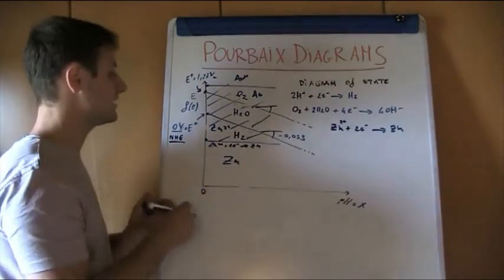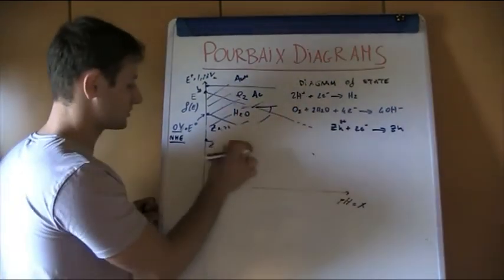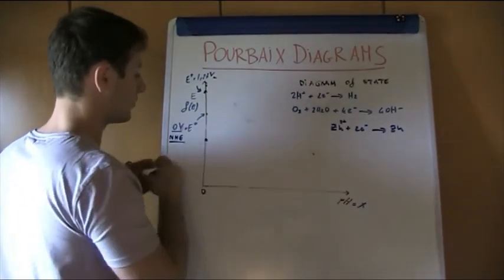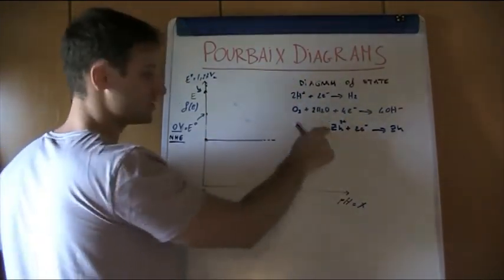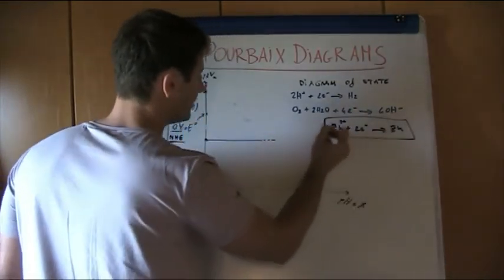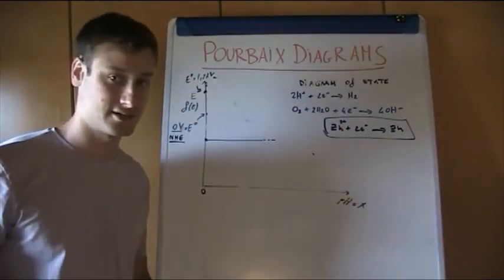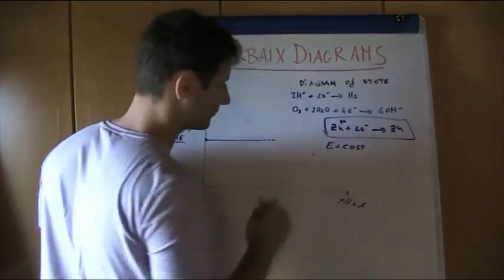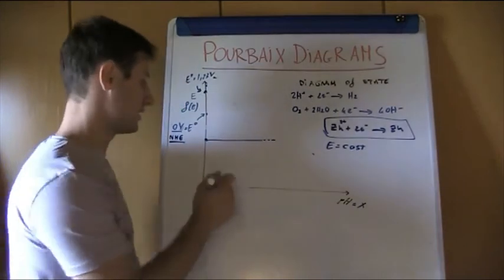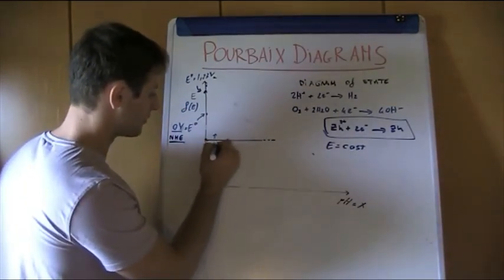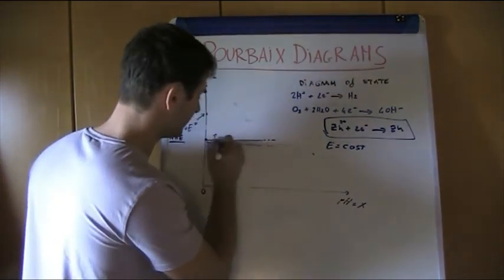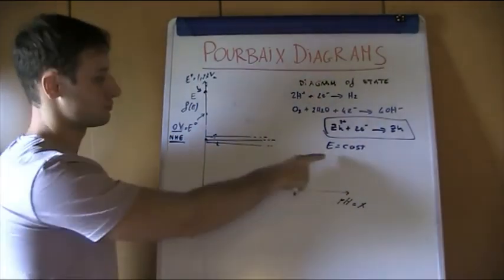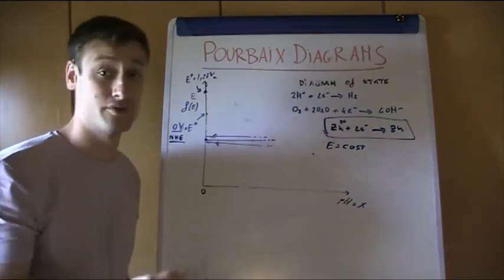So, without making confusion, it's now important to say that in a Pourbaix diagram we can have horizontal lines, associated with reactions in which the potential is independent of the pH, so the potential is constant. Obviously, it could be a little bit higher or smaller according to the activity, because if the activity changes, the potential also changes according to the Nernst equation.